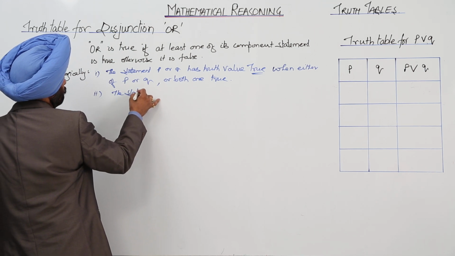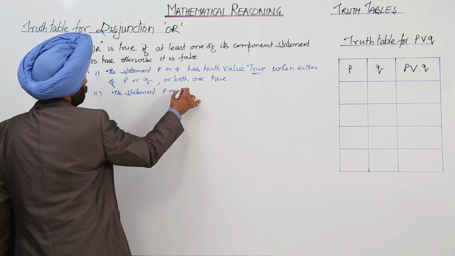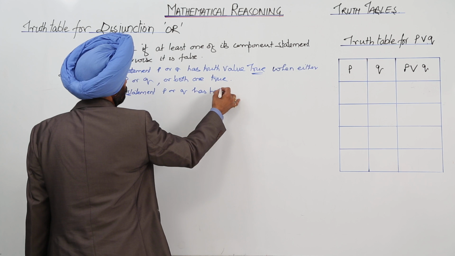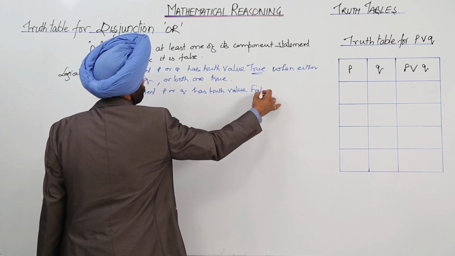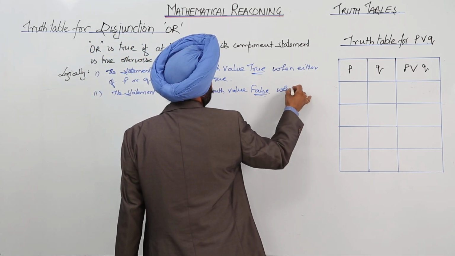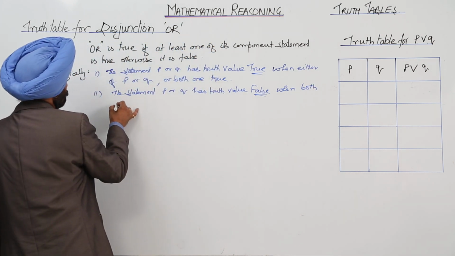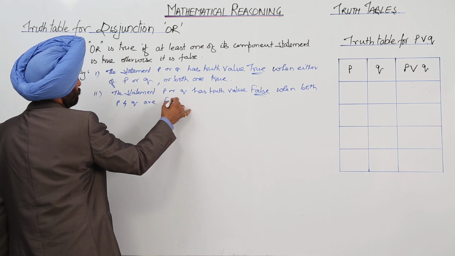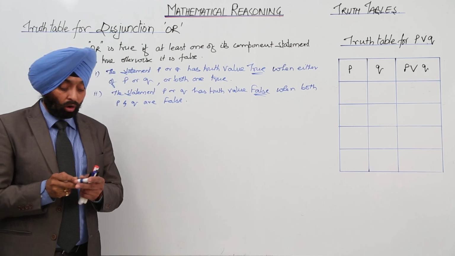The statement P or Q has truth value false when both P and Q are false. Okay, so this is basic thing for the OR table.